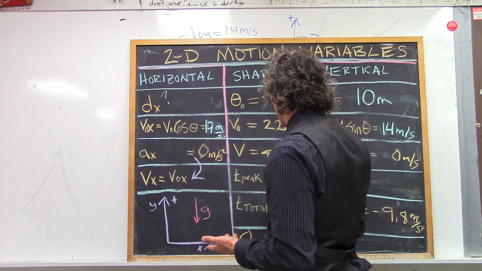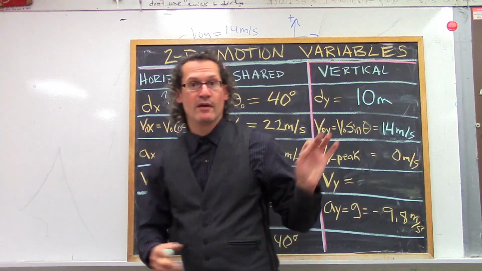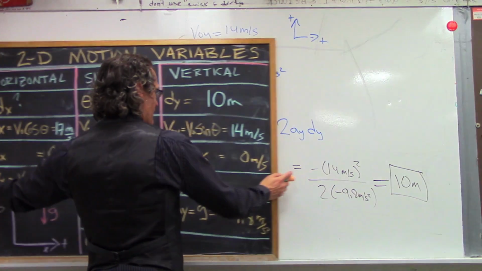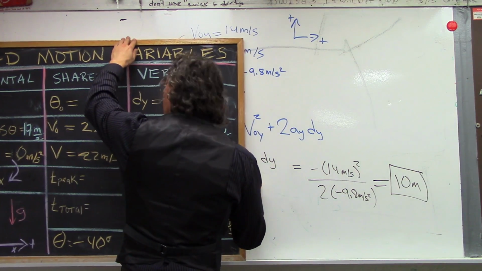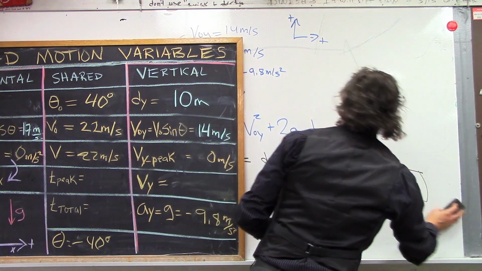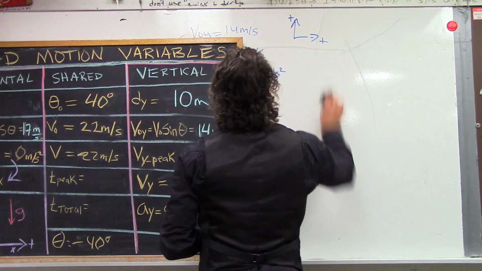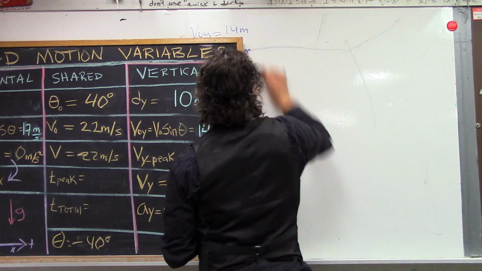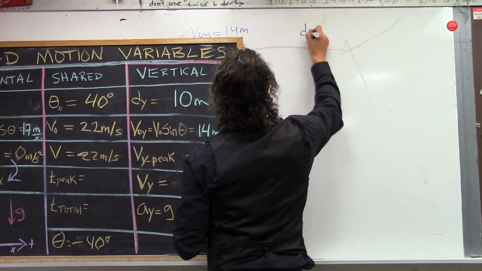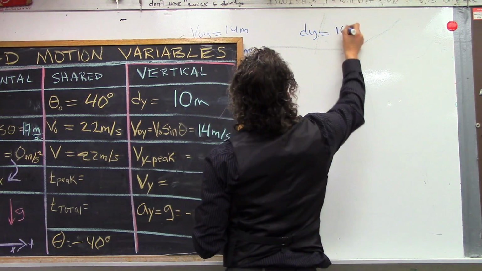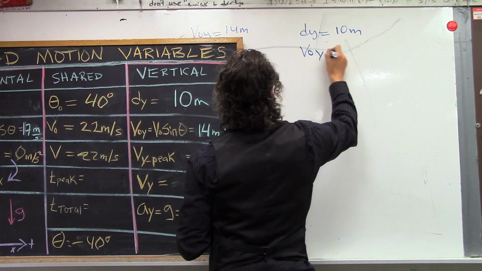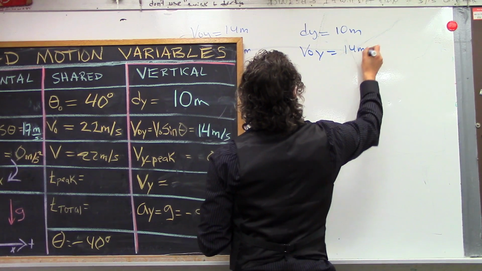All right, so we're going to try to solve for t peak using the vertical side right here. I'm going to write those values and move the board down. Let's just get this erased over here. All right, so we got dy equals 10 meters. V naught y is 14 meters per second.